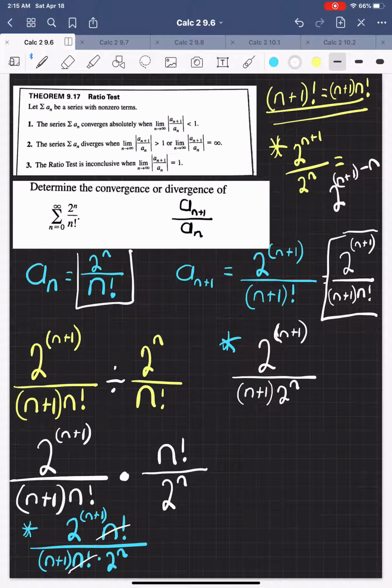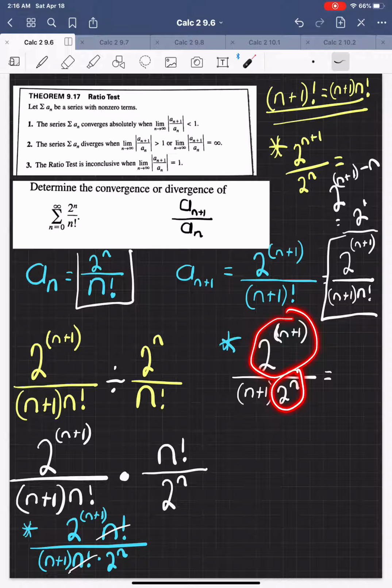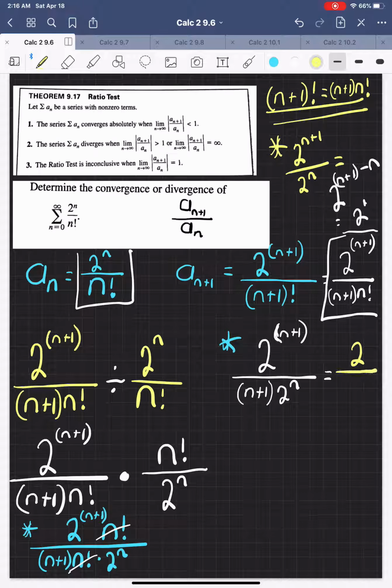So if you drop those parentheses, the n minus the n would cancel, leaving you with just 2 to the power of 1, or just 2. Does that make sense? I hope that makes sense. Because now that this and this have simplified to 2, let's write our 2 up here. And what's left? Well, it's just n plus 1.